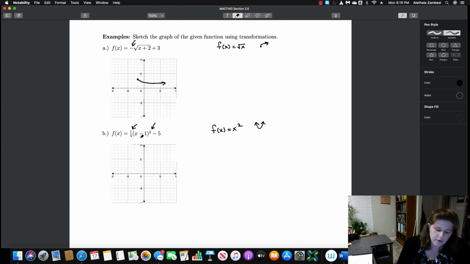And then I'm moving 1 unit to the right, and then 5 units down. So 1 unit to the right, 5 units down means I'm starting here. And then that 1/4 means it's going to open wide. So there's an estimate of that graph.